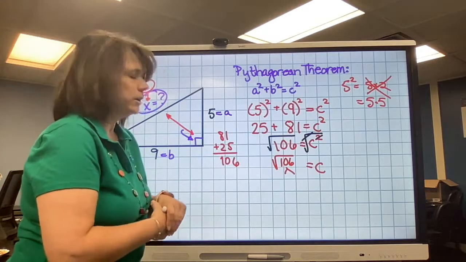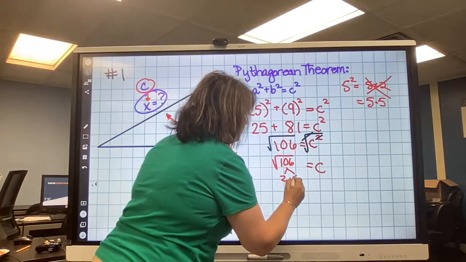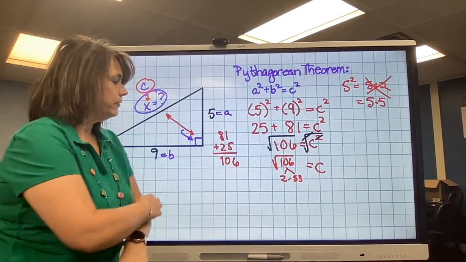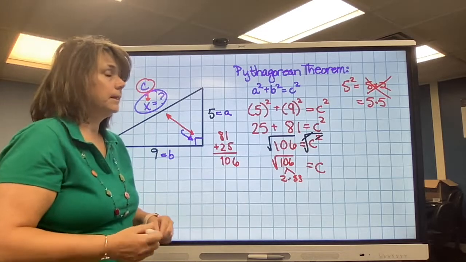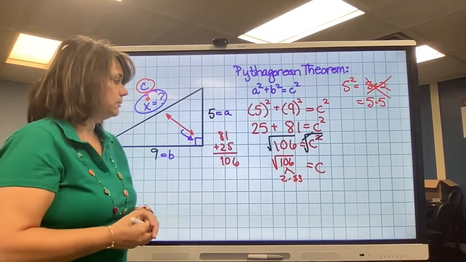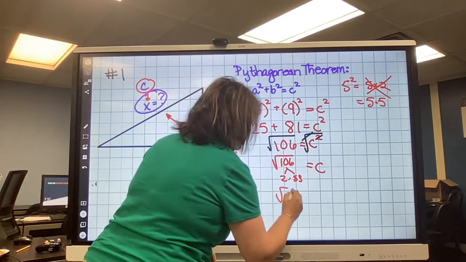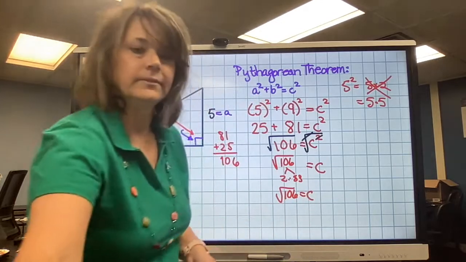So we know that 106 is even. So we know 2 times 53 would be 106. Well, 53 is also prime, and 2 is prime. So ultimately, we could leave this as c equals the square root of 106.